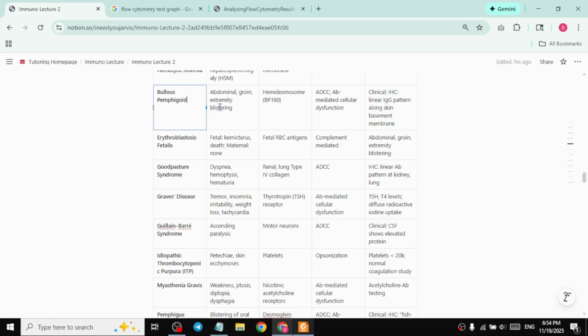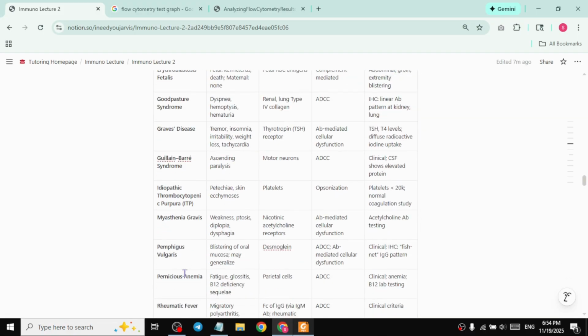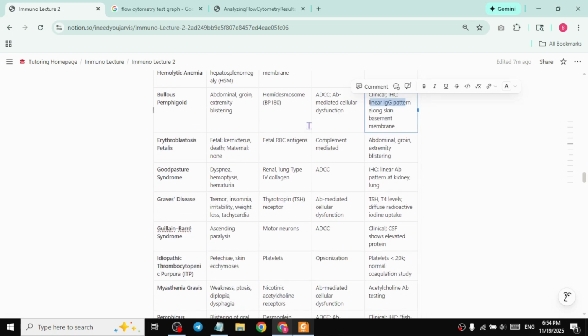You see, there's massive amounts of blistering, and because it's hemidesmosomes, usually it's tense, right? It's not gonna pop easily, right? And then you see that there's a linear IgG pattern along the basement membrane. So you have to correlate stuff like this, right? Might as well go and look at pemphigus vulgaris, which is going to be down here, versus bullous pemphigoid, right? And finish that and come back here, right?